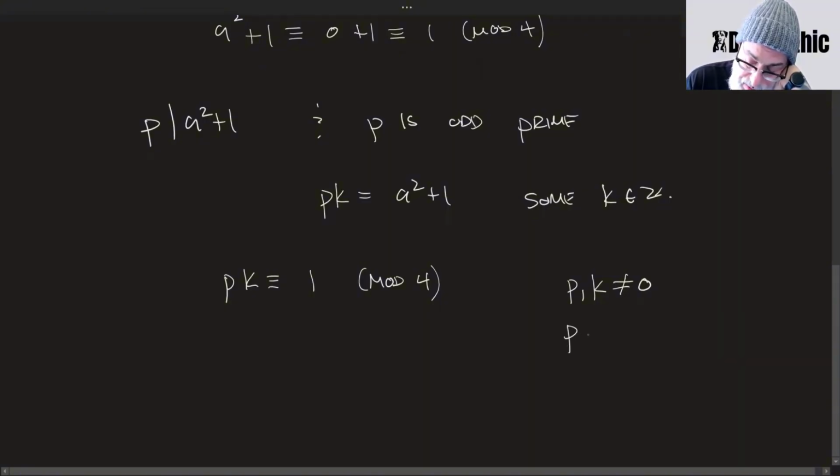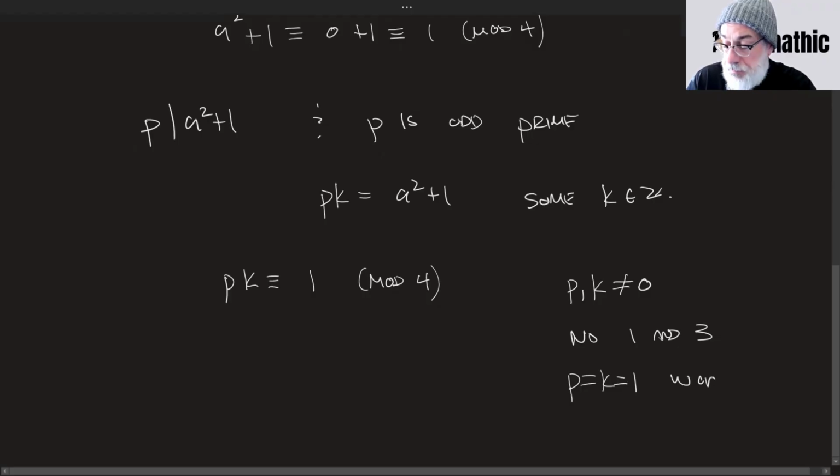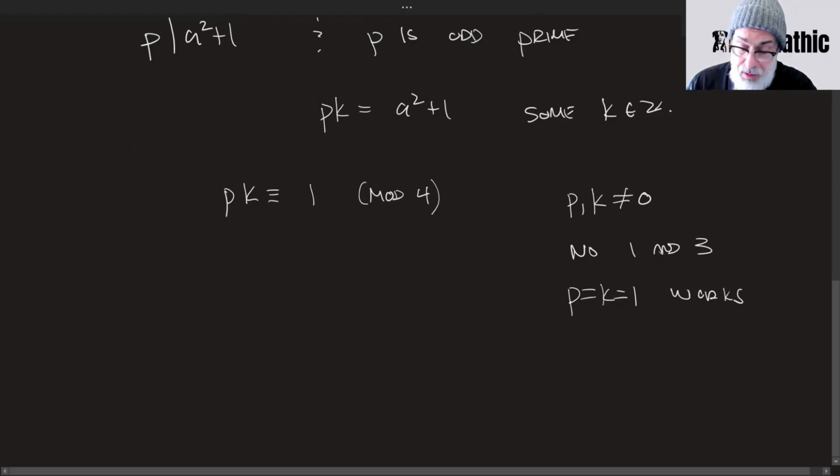So p can't be 1 and k can't be 3. So no 1 and 3 combination. We could definitely have a 1 and 1, right? I think that's ideally what we're trying to get. So p equals k equals 1 works. And if that's it, we'd be done, right? Because 1 times 1 is 1, which is congruent to 1 mod 4. And then p is 1, so p is congruent to 1.